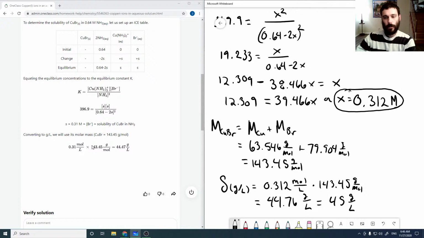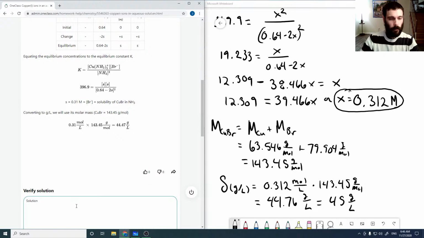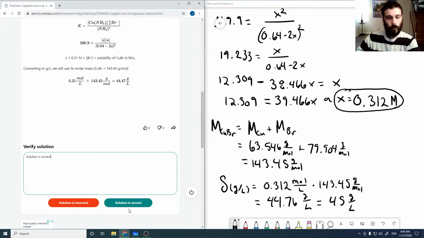So that's pretty much exactly 143.45. I guess it's just that extra 2 there that gave mine a little bit of a nudge, but still it's about 44 point. That's curious, but anyway, about 45 grams per liter. So it looks like the solution's correct. There might have been a calculator error, but to me it looks correct. It's about the same anyway. All right, so that looks good.